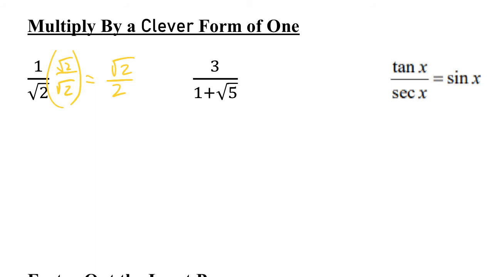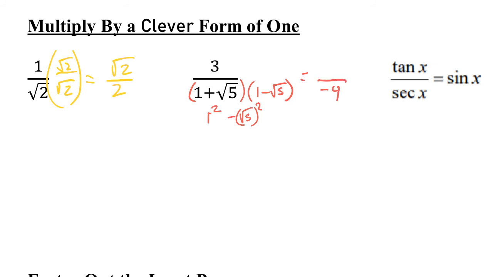Here's another one. I don't know if you remember how to do this, so I put it on here. This one, to rationalize this, you have to multiply by its conjugate, because then this is a difference of 2 squares, which should just be that, which it is, which is also known as 1 minus 5, which is also known as negative 4. So the bottom just becomes negative 4.